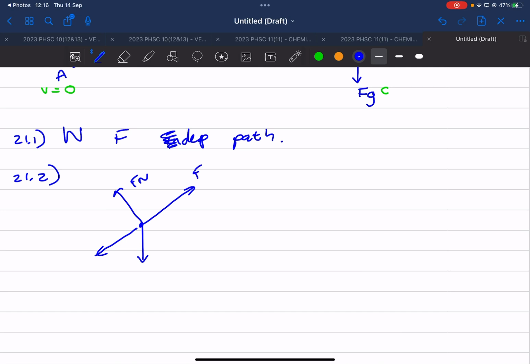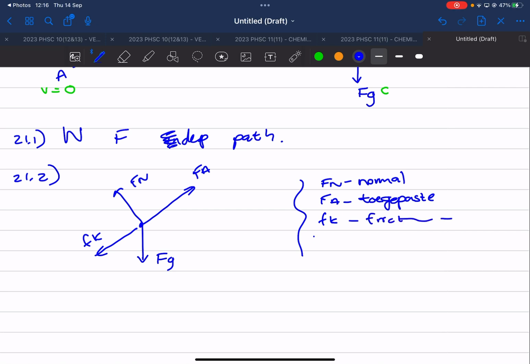Normal force, applied force, gravitational force and frictional force. Ja, so hulle vra vir 'n labeled, so jy gaan sê Fn is normal, Fa is toegepaste krag, applied, frictional force and gravitational force.